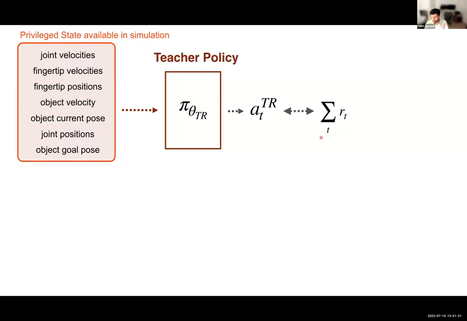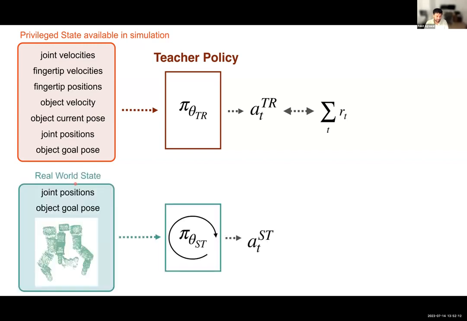We're going to call this a teacher policy that is trained in simulation, and because we use privileged information, it is easier to train. But this policy cannot be deployed because it needs access to parameters like object velocity and object current pose, which need to be estimated from visual data.